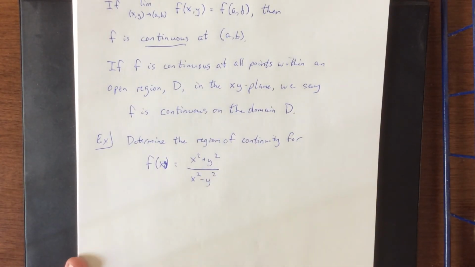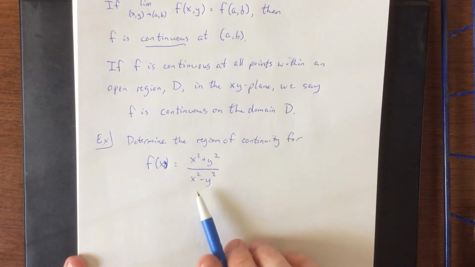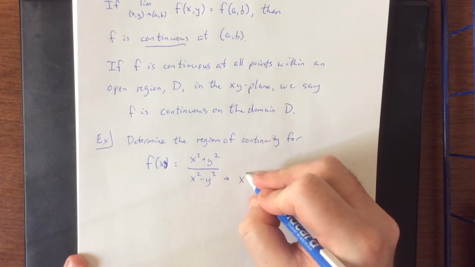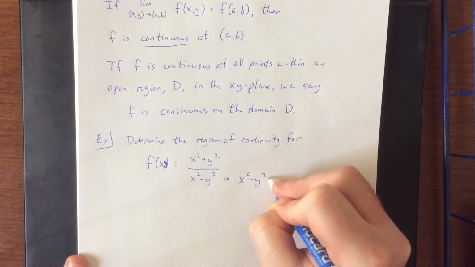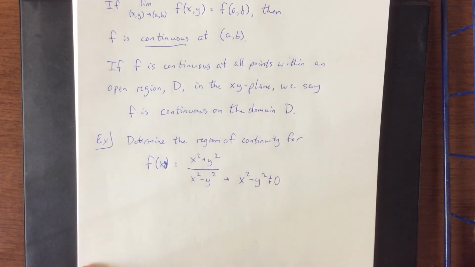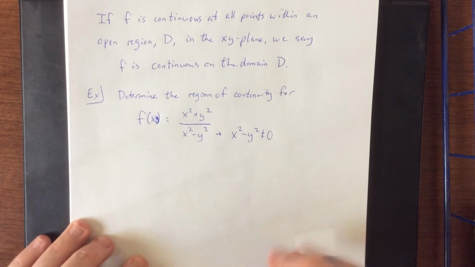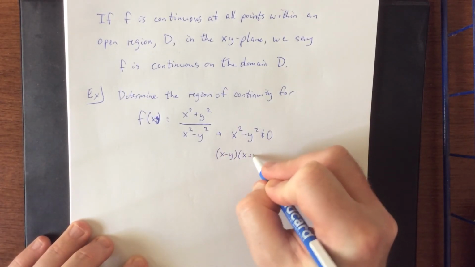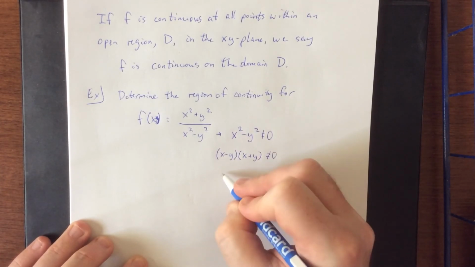Now, obviously there are going to be some domain issues associated with something that has a denominator. So what we can point out is that this means that x squared minus y squared cannot be equal to 0. And factoring that difference of two squares tells me that x minus y and x plus y cannot be equal to 0.